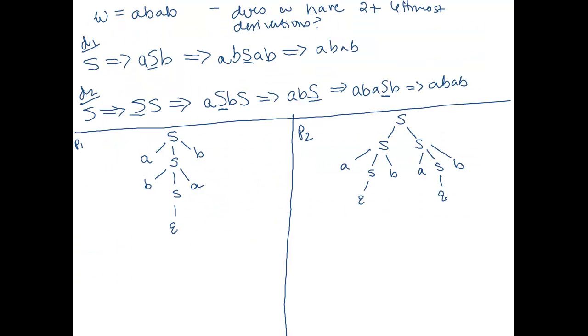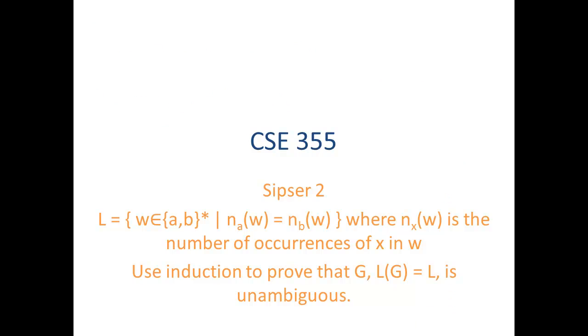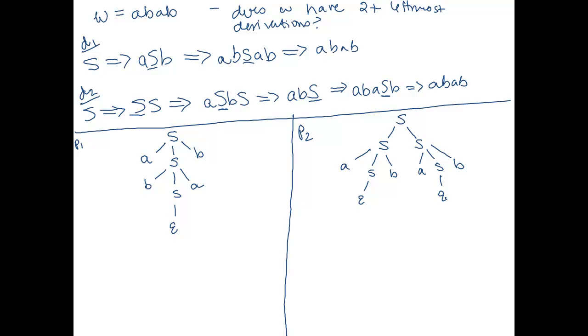Okay, so let's introduce a grammar that we claim is unambiguous. Am I out of pages? I am out of pages. We'll put it down here. Okay, so let's try the grammar, so this will be G3.